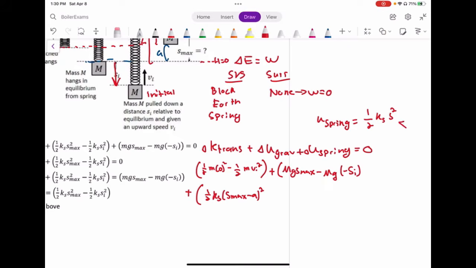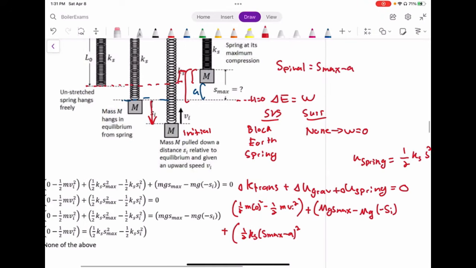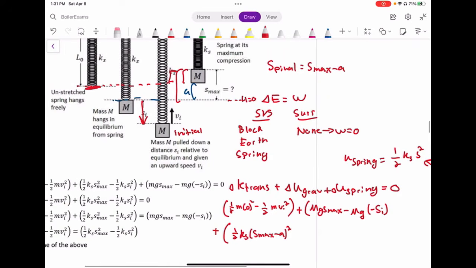I just plugged it into this equation right here, and I said our stretch S final is equal to S max minus A. That's the stretch from our equilibrium position right here to that position right there.